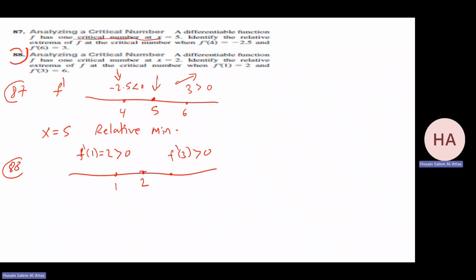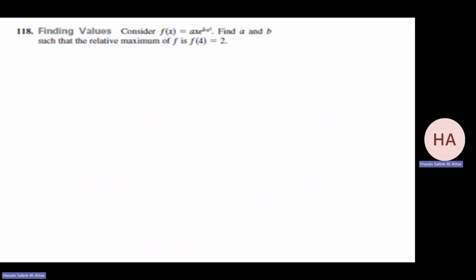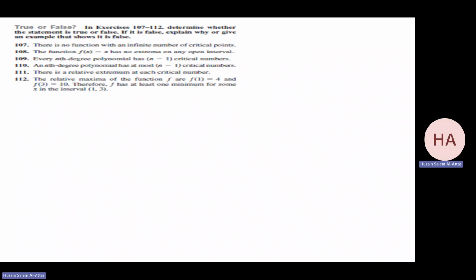And that's the only critical number. So I have increasing, so we have no relative extremum at x equal to 2, since it's increasing. Okay, I'm almost there. I think we have only 3 problems to go.